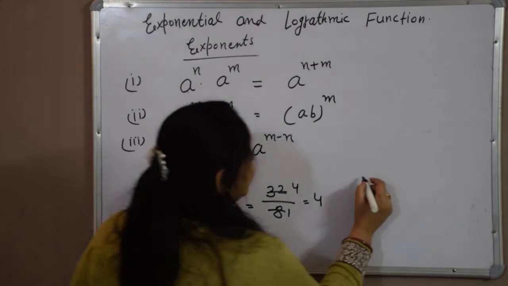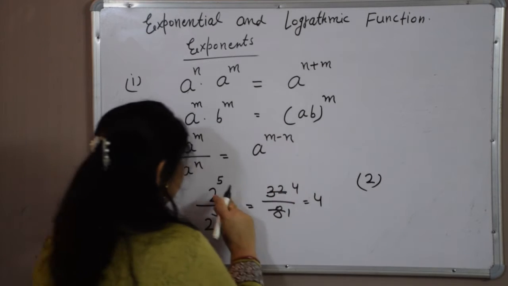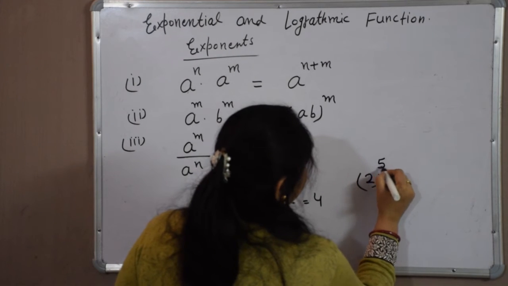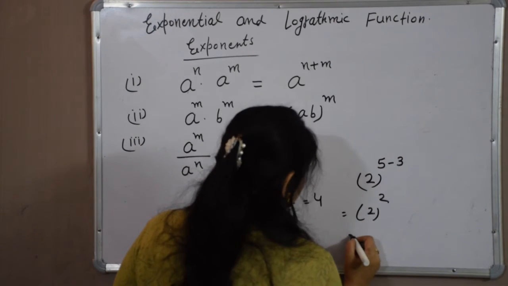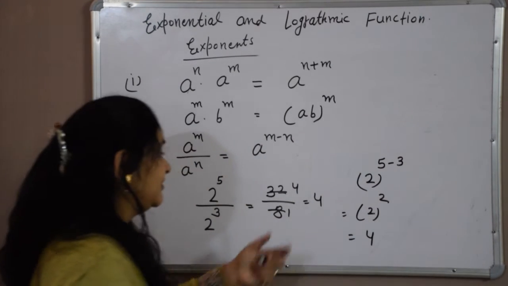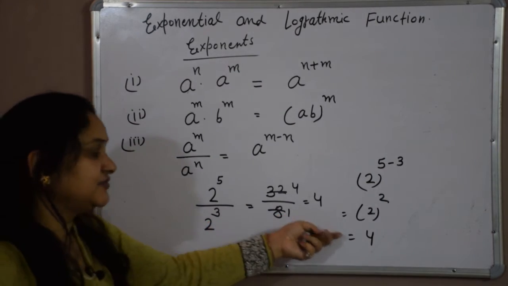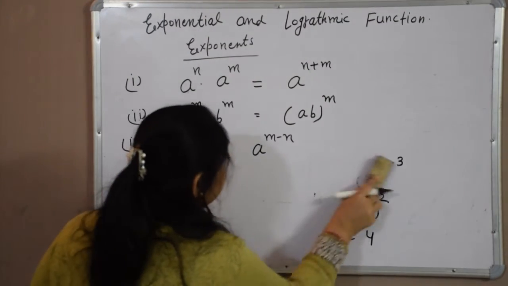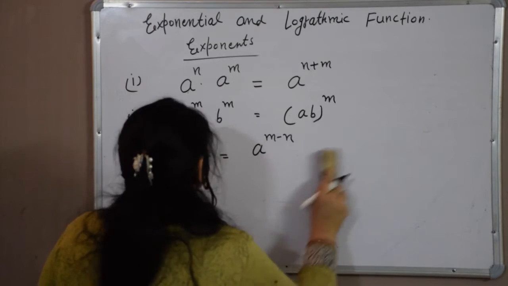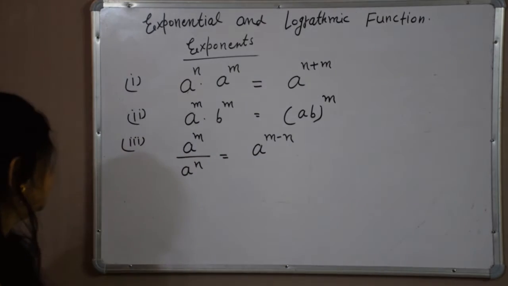It is here 2. And what are the powers? 5 and 3. So I have to use 5 minus 3, that is 2 raised to power 2, that is 4. See, we got the same answer. Left hand side is 4, right hand side is 4. So the third property is also very important. In fact, all the properties are very important.